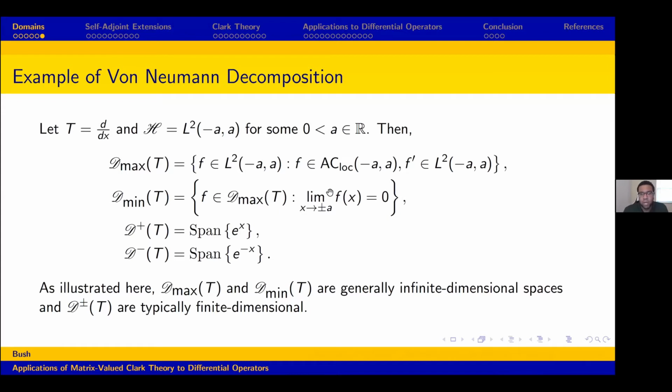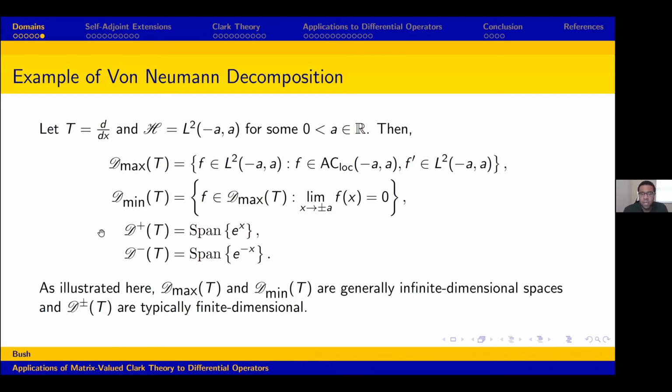For the folks in the audience that are into differential equations theory or differential operators, the general rule of thumb is that the minimal domain for differential operators will very often look like homogeneous boundary conditions, which is exactly what we have here, right? The endpoints going to 0.